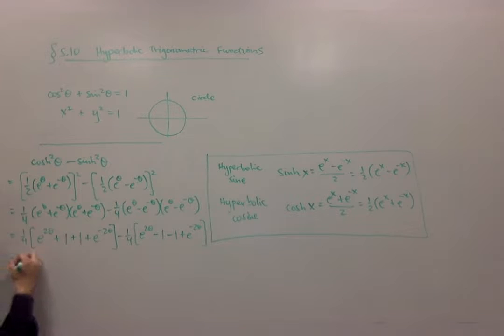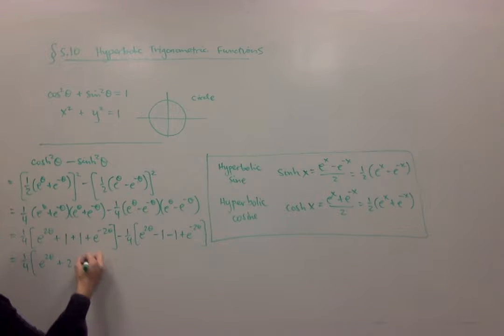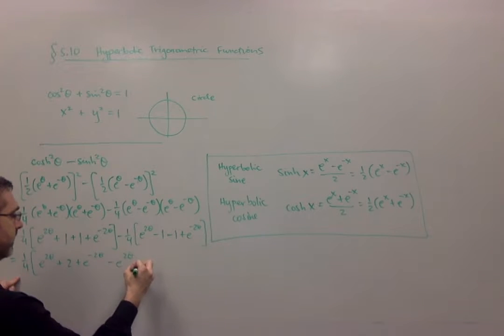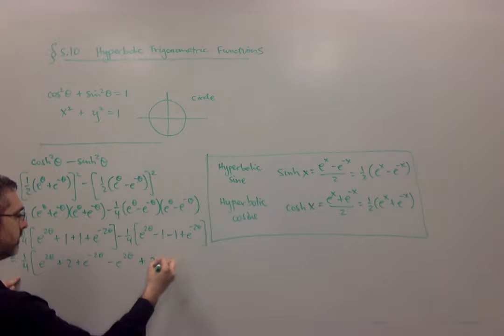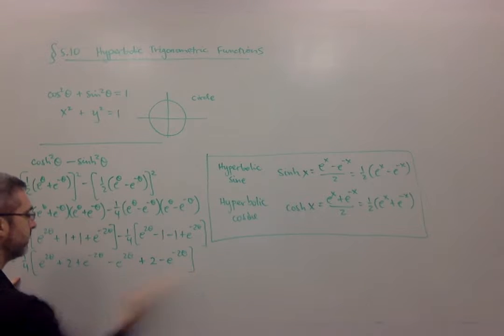Okay, so what we've got here, if I pull the 4th out of everything, we've got an e to the 2 theta plus 2 plus e to the negative 2 theta. Again, I pulled that 4th out over here, so I've got a minus e to the 2 theta. Minus minus is plus 2 here, minus e to the negative 2 theta.